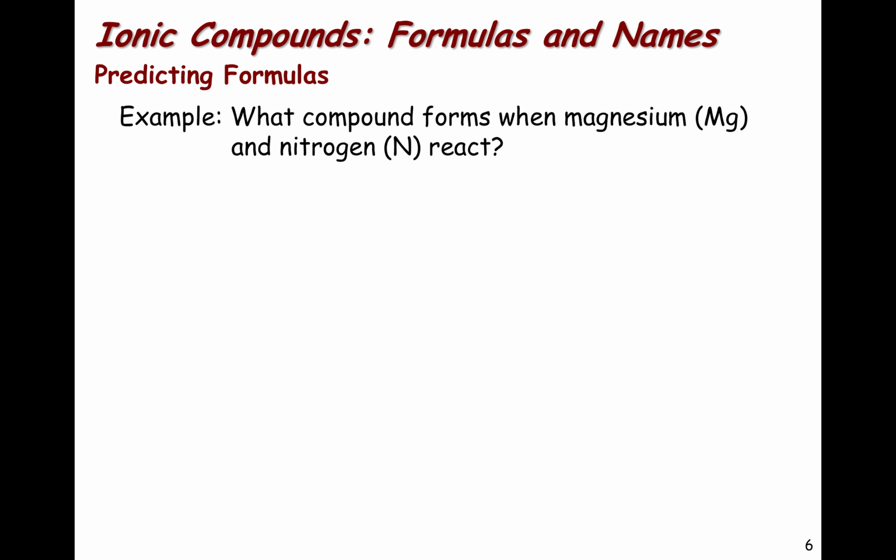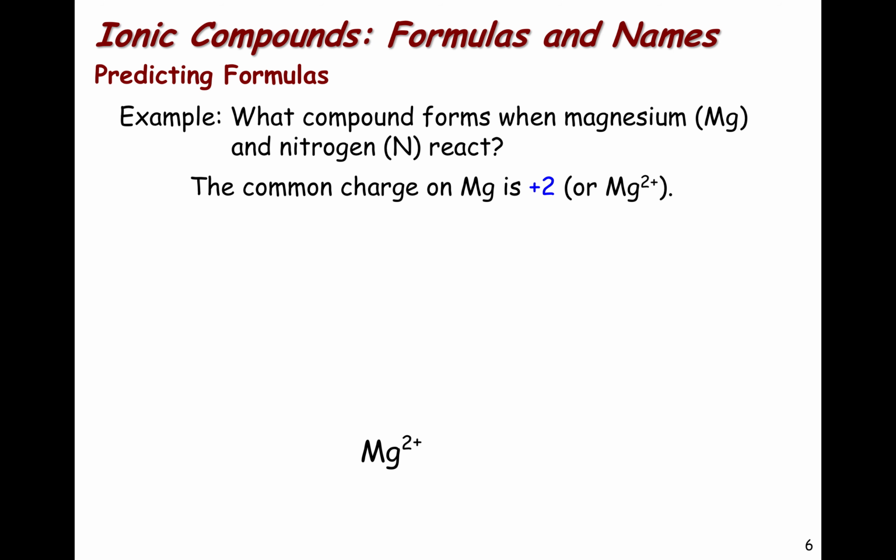As an example of how to come up with the formulas for ionic compounds, we want to look at the ionic compound that would result between the reaction of magnesium metal with nitrogen. In this case, the magnesium will form a 2+ ion, whereas the nitrogen will form a 3- ion.